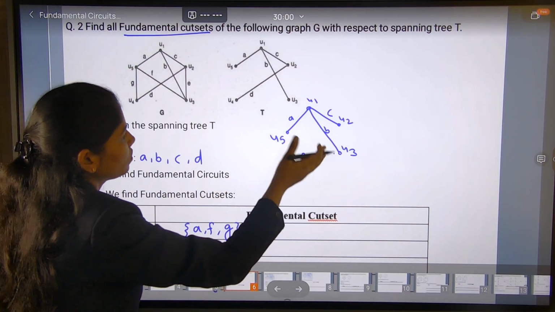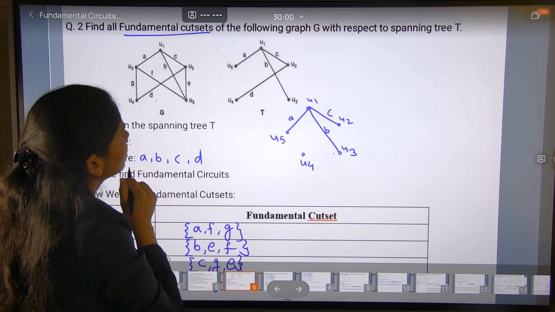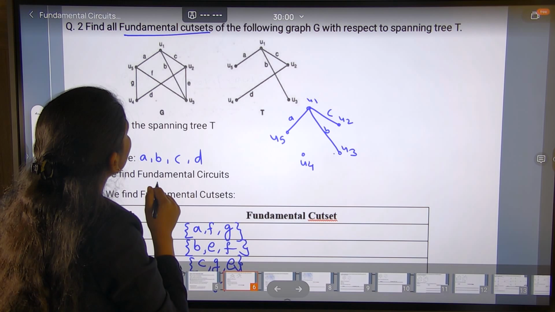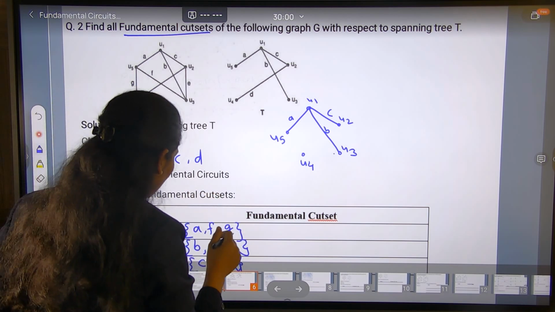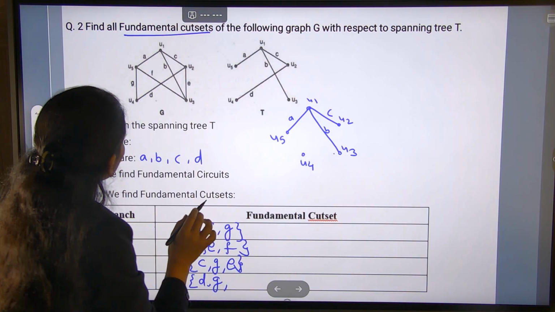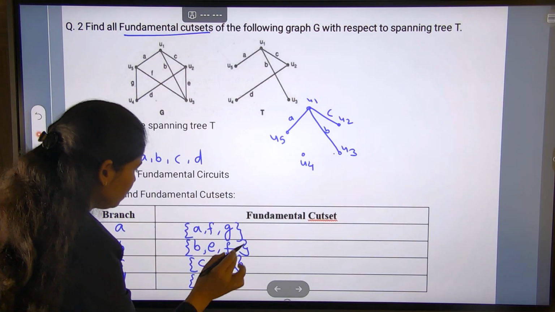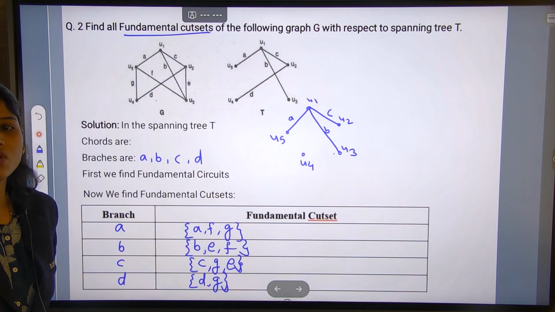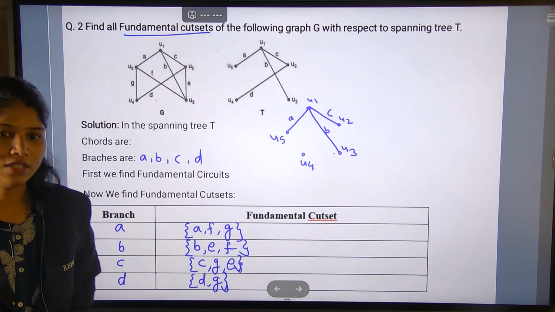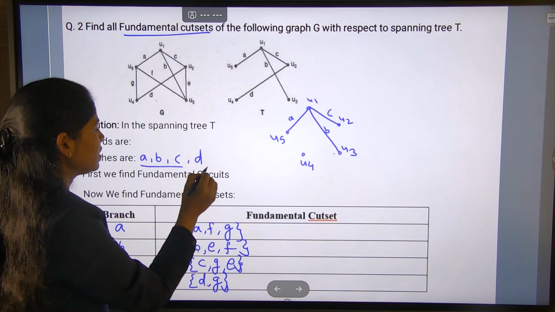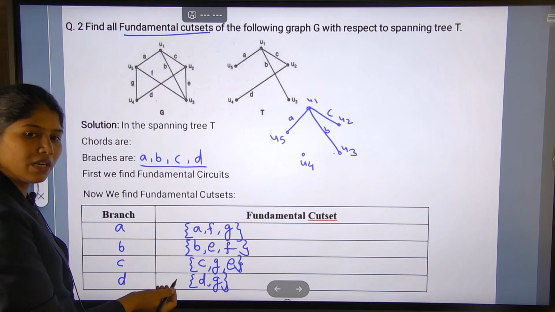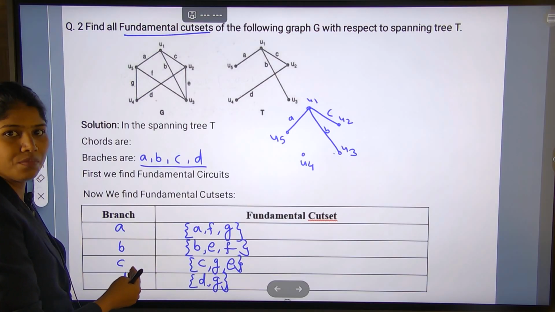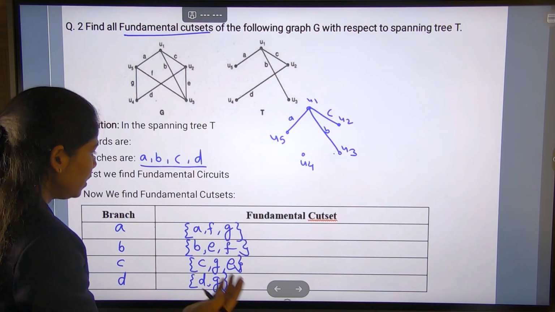So don't write E. That's all about the fundamental cut sets. Here there are a total of 4 branches, so we get 4 fundamental cut sets, one with respect to each branch. We will see the next example.